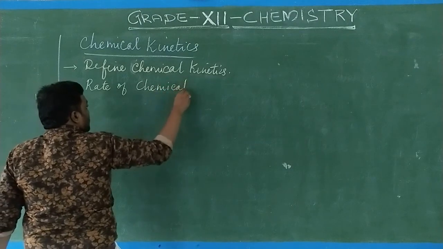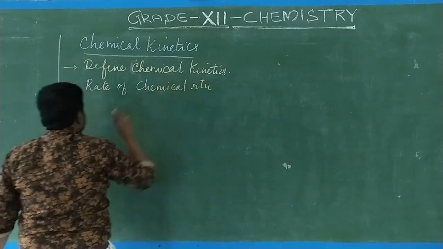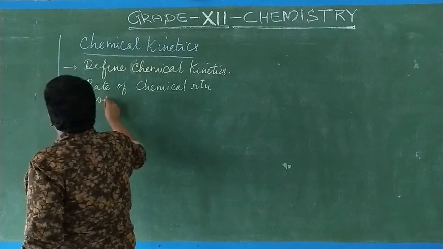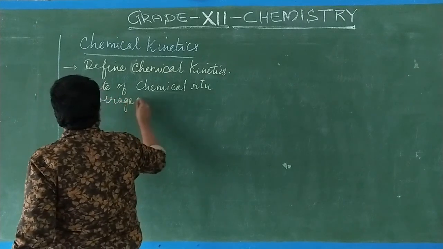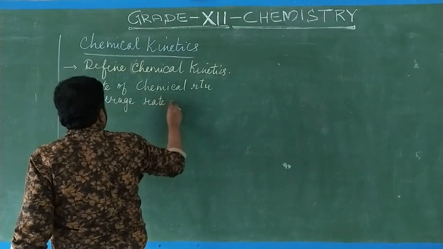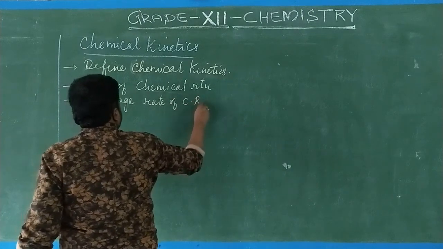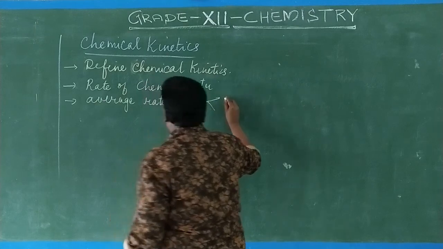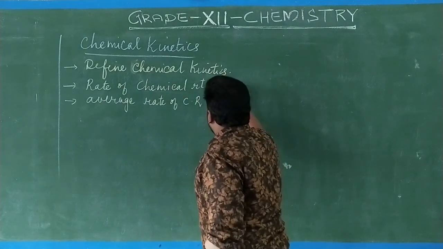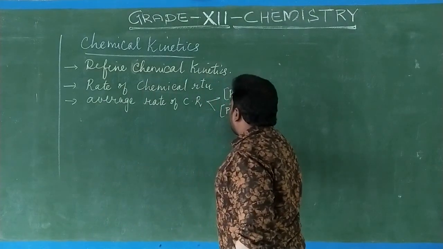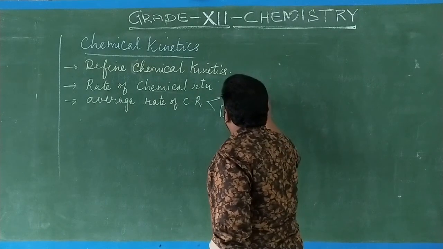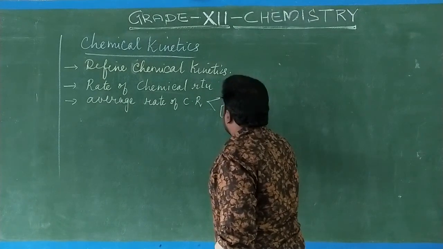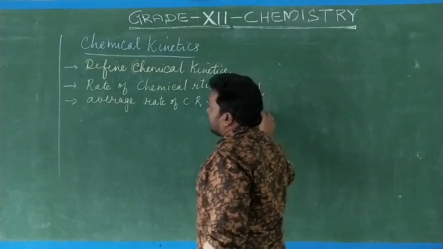What is meant by average rate of chemical reaction? For that we have drawn two graphs, isn't it, for the concentration of the reactant and for the concentration of the products. Here one graph, and similarly here also one graph we drew, isn't it, in the previous class.